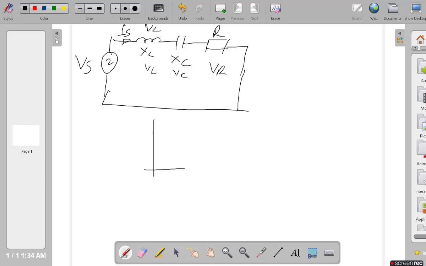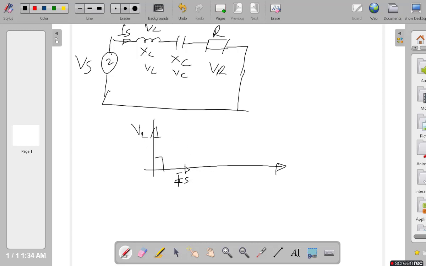Of course, you'd want to draw the vectors first. We look at our current as the reference phasor, so we can put our current here as IS on the x-axis. And then we ask, if current goes through the inductor, what happens? The voltage across the inductor leads the current by 90 degrees. So this becomes our VL.